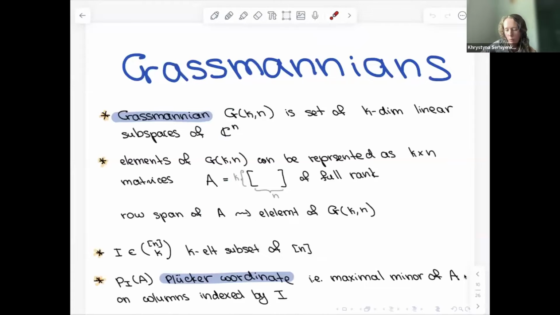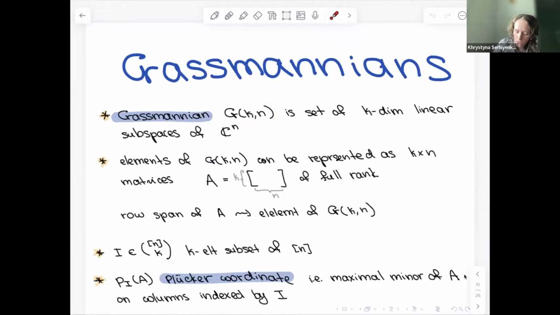And now I want to move on to the next topic, the Grassmannians, which we've seen before, but let me do it again briefly and also set up notation. The Grassmannian, which I'm going to denote by Gr(k,n), is the set of k-dimensional linear subspaces of C^n.